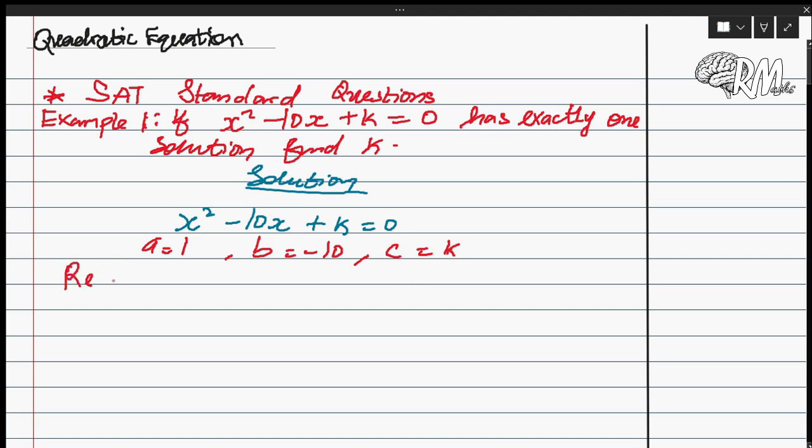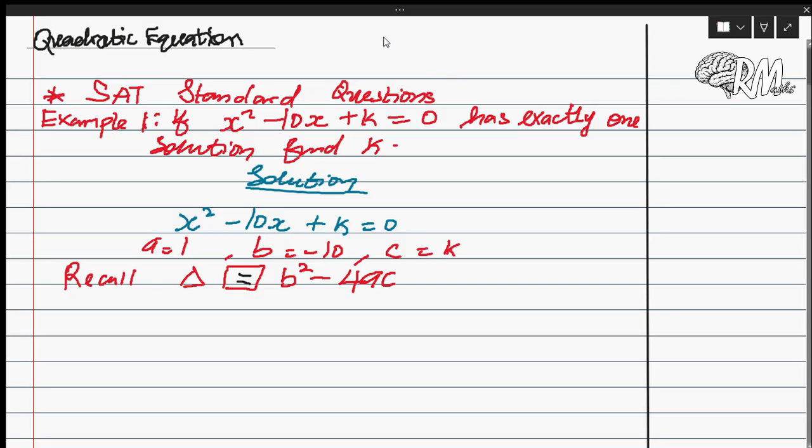Then we recall that the delta, which is the box, is b squared minus 4ac. Now, since we are doing this as exactly one root, it means here will have to be an equal sign, because it has exactly one root. Had it been exactly two roots, we use the greater than, and if it has no root, we use the less than sign.